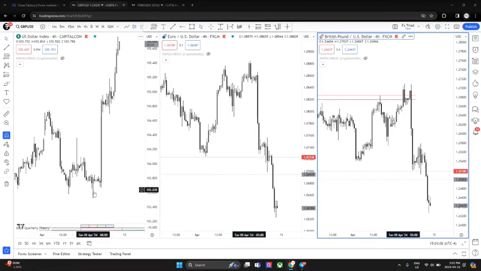So here you can see we did a wick below here, but this was just manipulation. This is to tick people off, right? But here you can see that this close was not lower than this one. Do you understand? And then what happened? CPI release, gone, never to return.